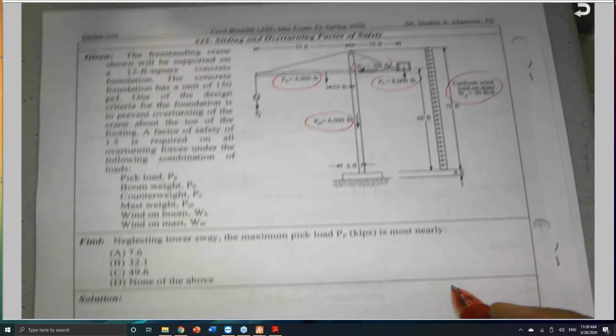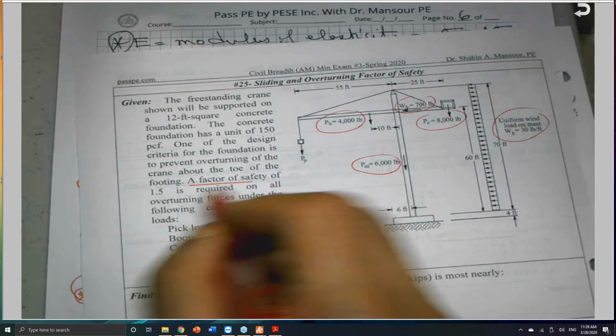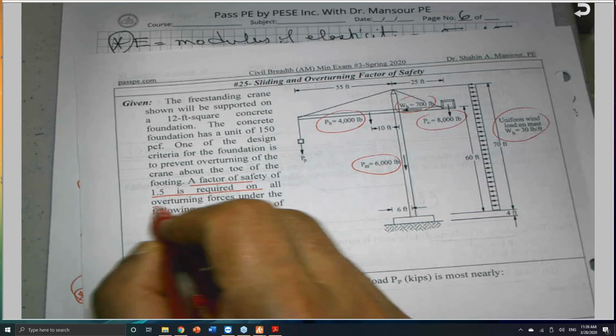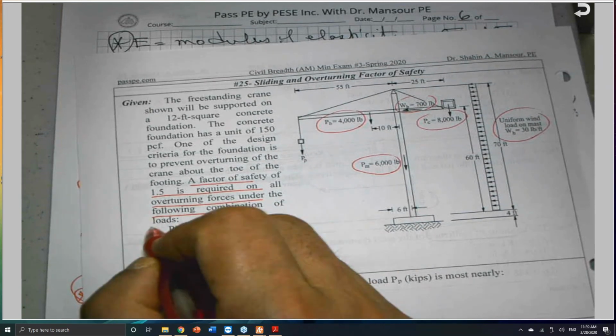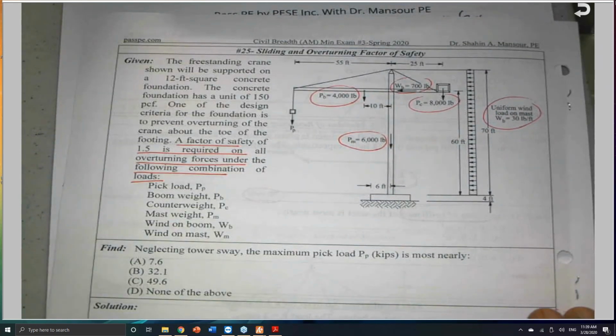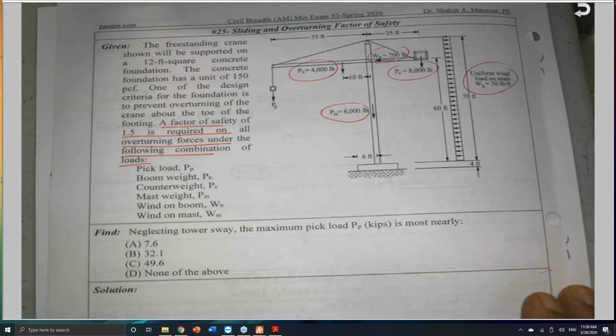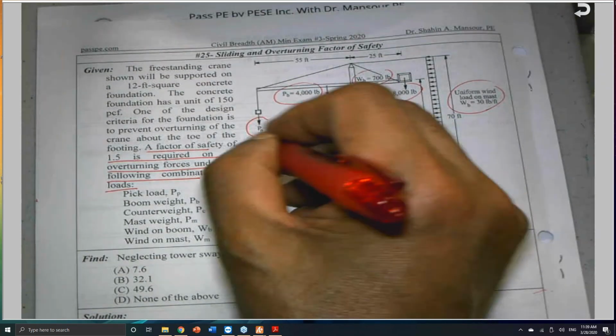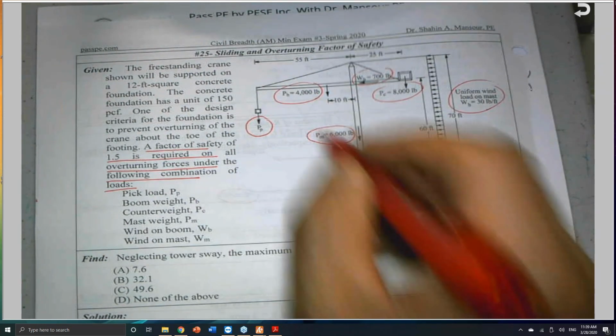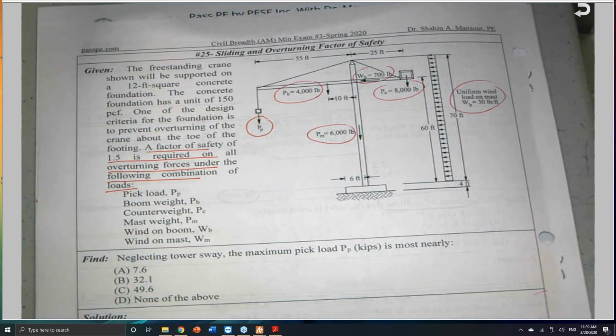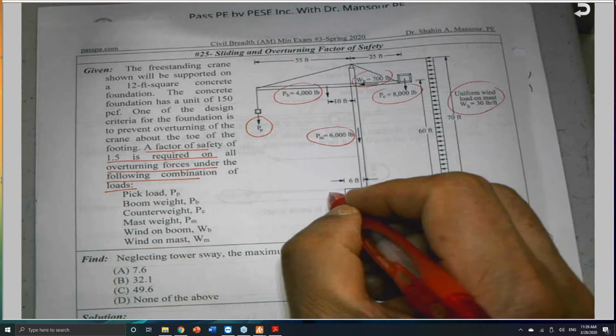And he said that the factor of safety was given to you as 1.5 against overturning. And what is the maximum load that can be carried by this crane without tipping over at this point?